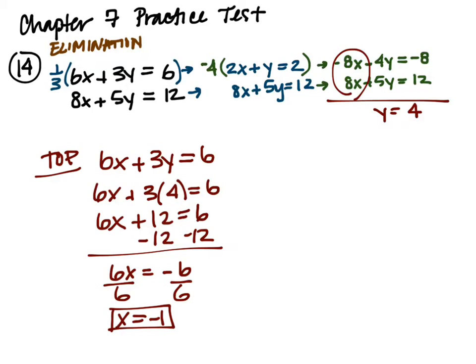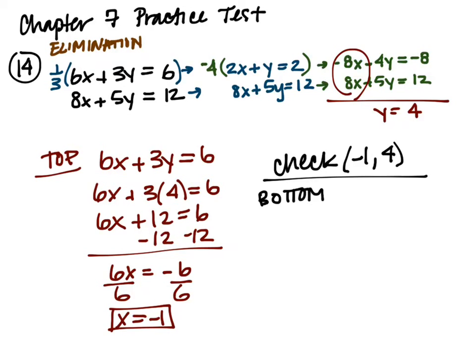I need to check my solution, and I think now that my solution is negative 1 comma 4. Since I first worked with the top equation, I'm going to go back and work the bottom equation, where it tells me 8x plus 5y is equal to 12.